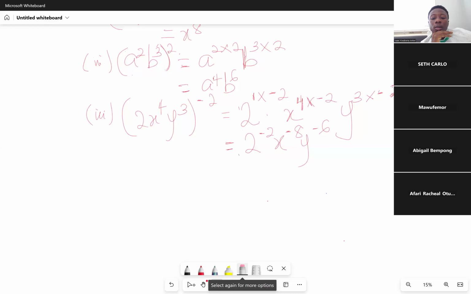Now, I need your opinion on this. What will be the simplification for this? Well, it's coming from the other laws you've learned. So what will be the resolution to this?